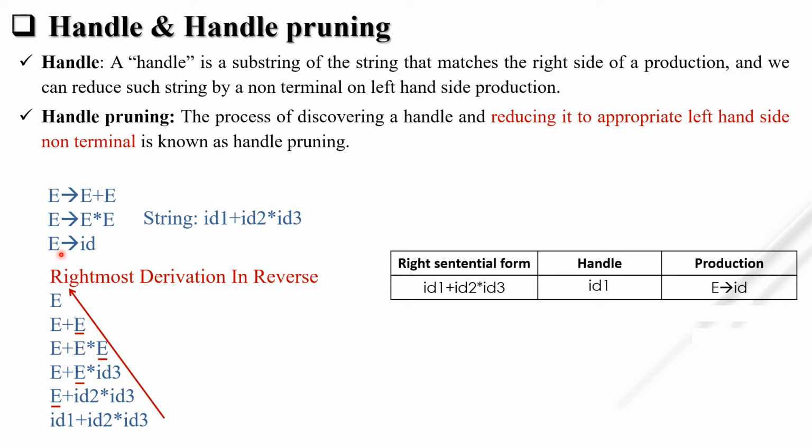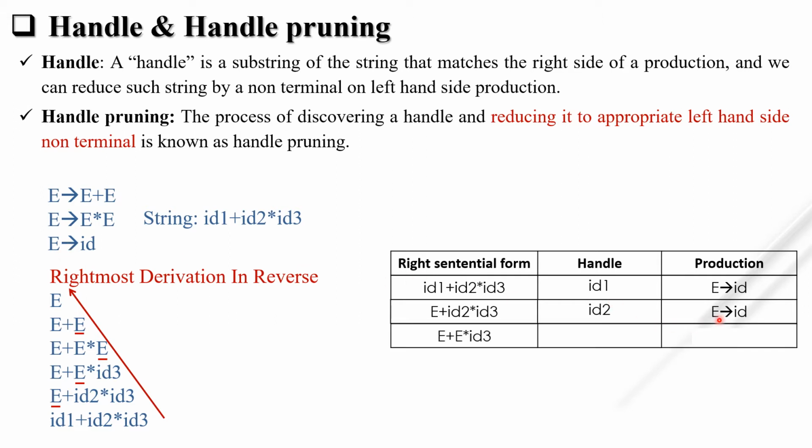In the production, E tends to id, so we are replacing id with E. Discovering it is known as handle, but when we reduce with that non-terminal, we can say it is handle pruning. The next handle is id2, and id2 is also replaced with E. We do handle pruning here.